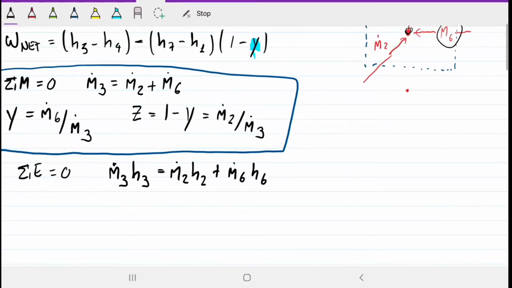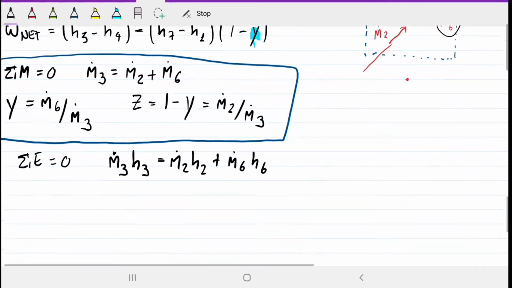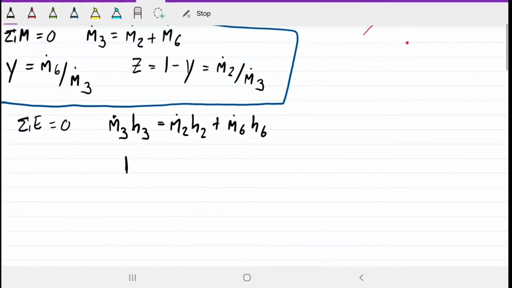Okay, and with these two balances, we can do a little magic math and find the proportion. Note that we're not going to find the actual mass flow rates. We can't do that, but we can find the proportion that's being transferred from one side to the other. So I'm going to divide everything by M3 first. So this is going to be H3 equals M2 over M3 times H2 plus M6 over M3 times H6.